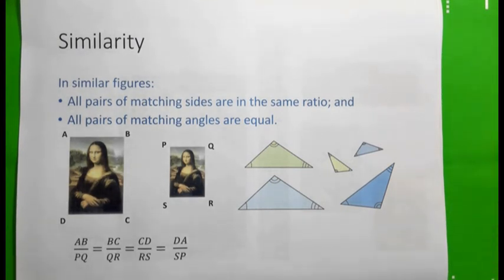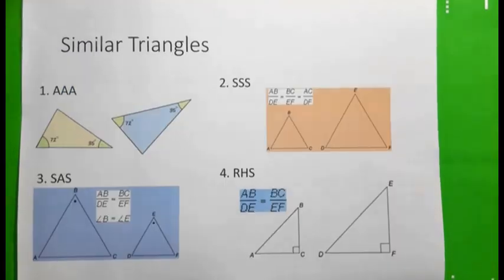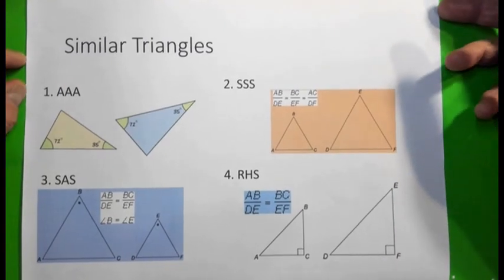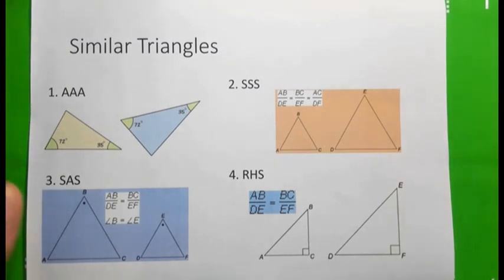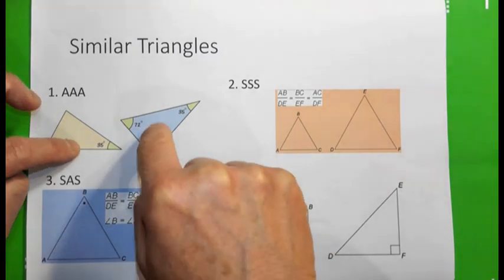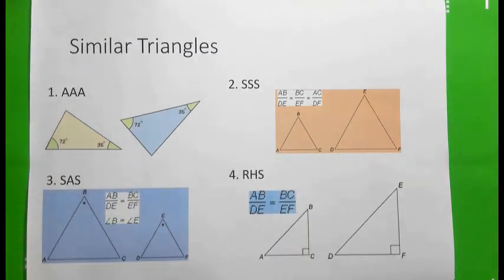How do we prove that two triangles are similar? Before I go into details of similar triangles, this is a summary. There are 4 tests that you can do to prove that two triangles are similar. One is AAA, known as angle, angle, angle.